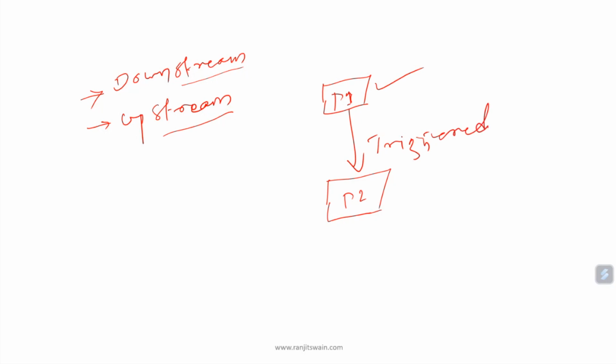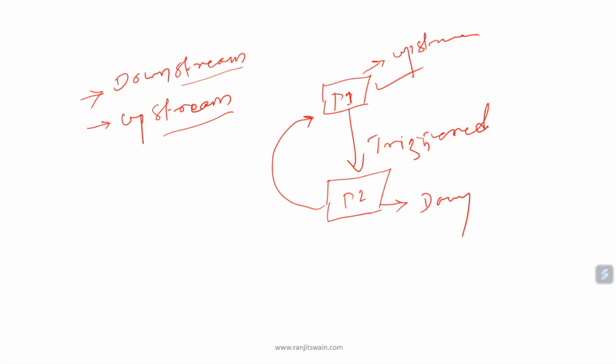So for that, you have to make P2 the downstream of P1. Now P1 becomes the upstream job, and P2 is the downstream job. So P2 is downstream of P1, and P1 is the upstream of P2.